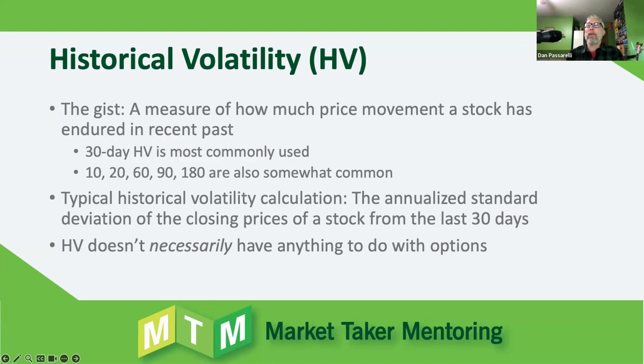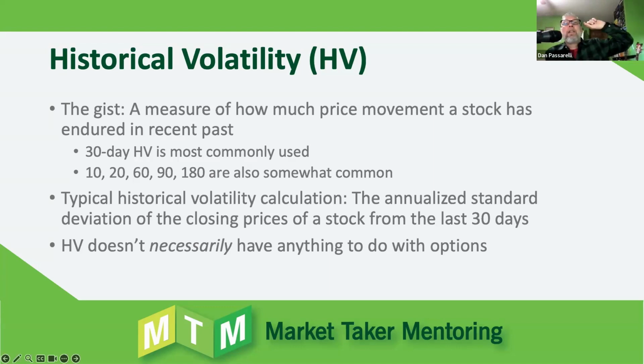The typical historical volatility calculation is the annualized standard deviation of the closing prices of a stock from the last 30 days. Now, the last 30 calendar days is really about 21, 22 trading days. So HV doesn't necessarily have anything to do with options.